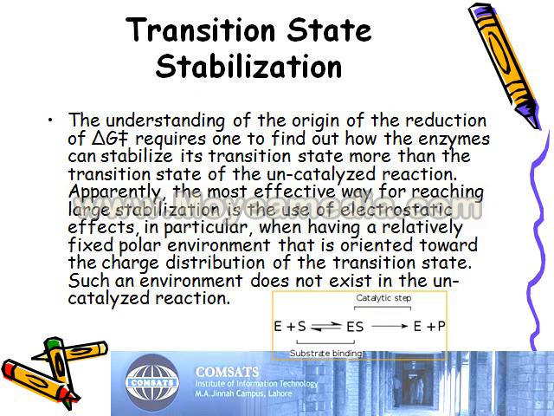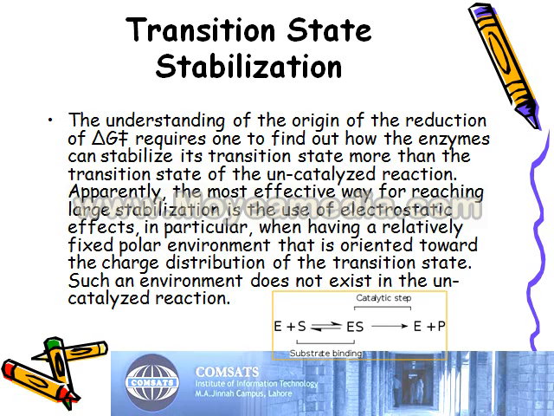Now, to understand how a catalyst reduces the activation energy is to understand the origin of the reduced activation energy. This requires one to find out how the enzymes can stabilize their transition state more than the transition state of an uncatalyzed reaction.